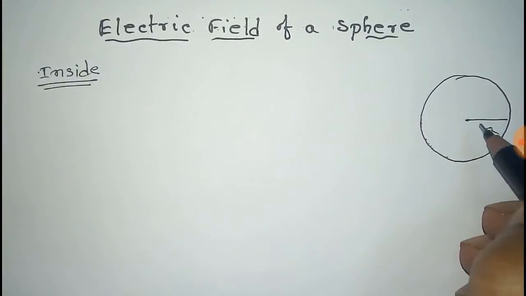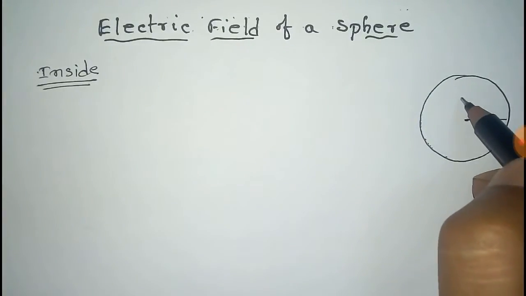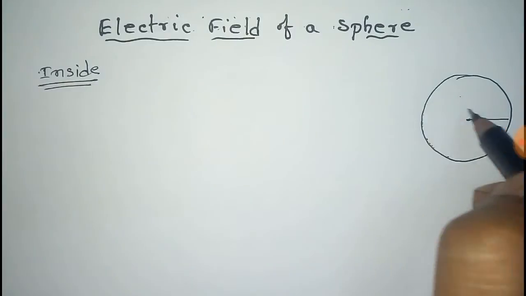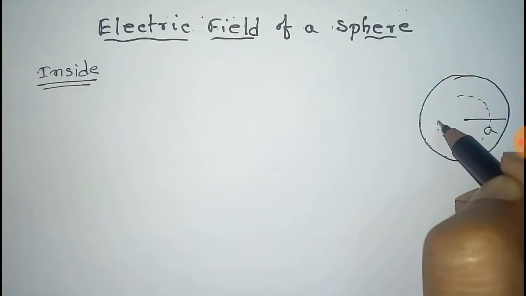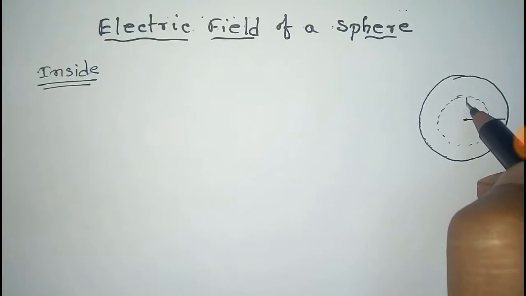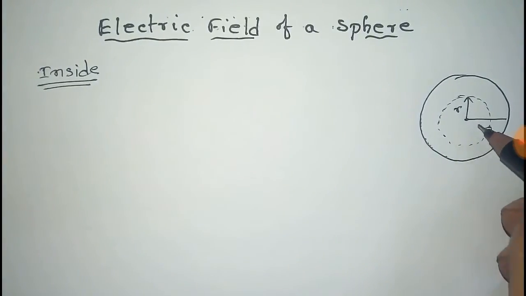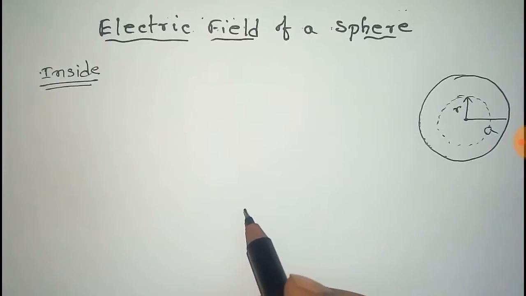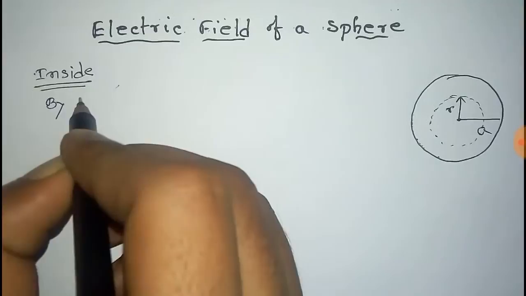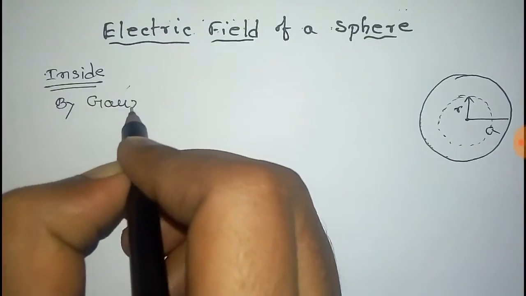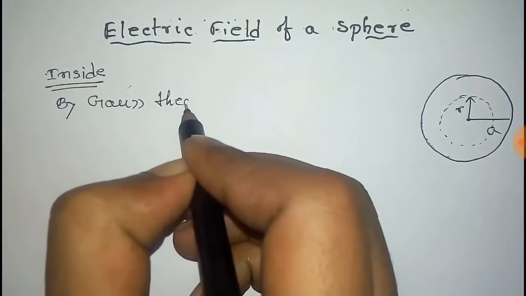So first of all we draw a Gaussian surface at a distance r from the origin. The distance is r. Now using Gauss theorem, we can easily find out the electric field at any inside point.